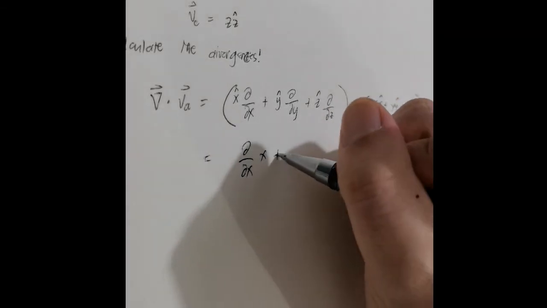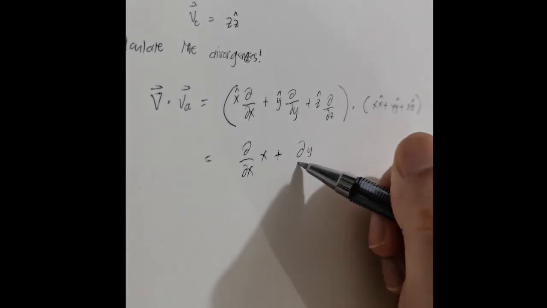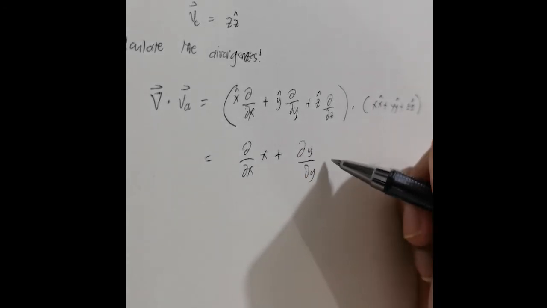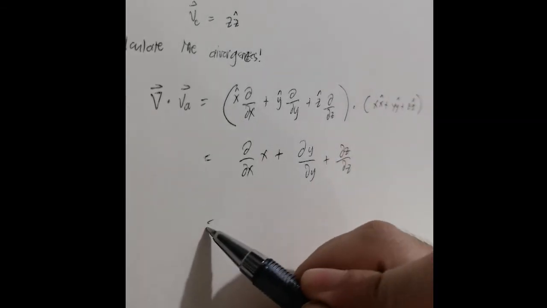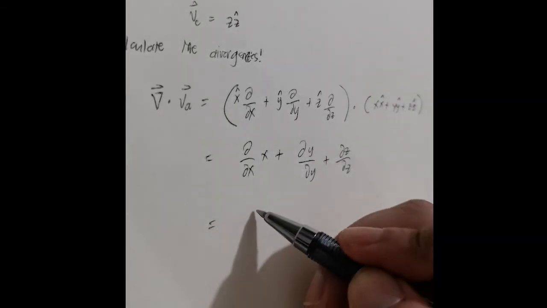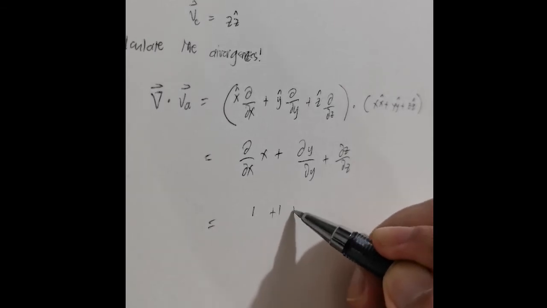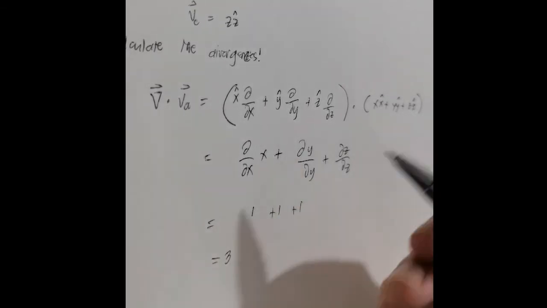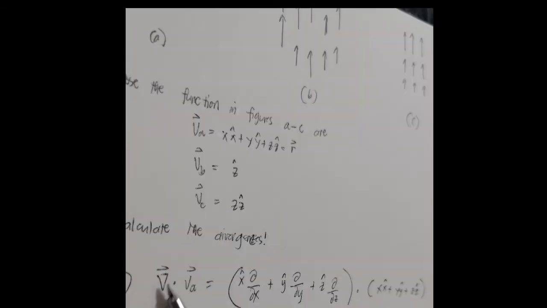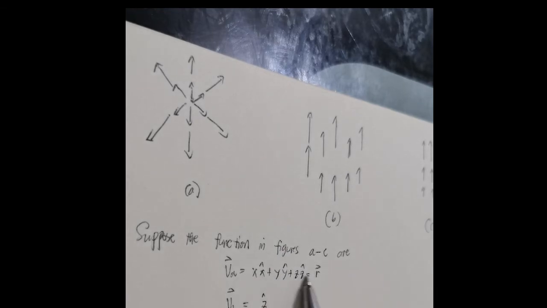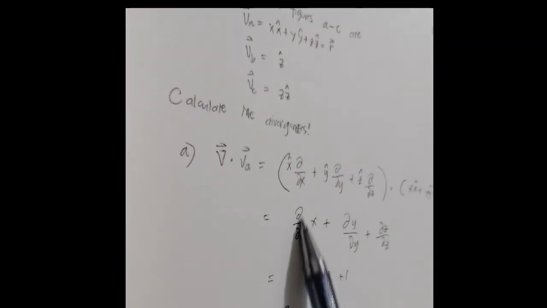So we have this partial y plus partial z. This is just 1 plus 1 plus 1, so this is just 3. So the value of the divergence of this vector having this form is equal to 3.